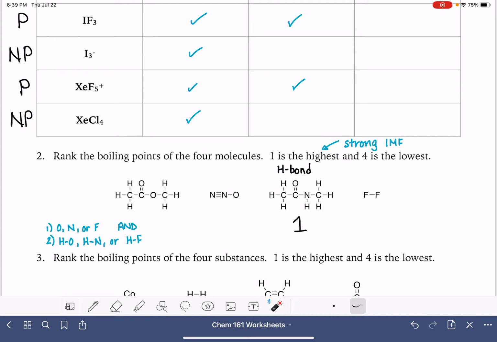So from there, where do we go? What would we do next? For me, personally, I think I want to go now to the molecule that has the lowest boiling point. So that's going to be the molecule that has the weakest intermolecular force. And for that, I'm going to choose the F2 molecule.